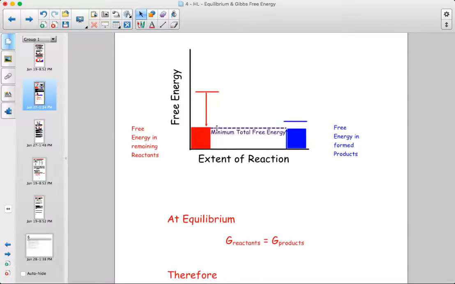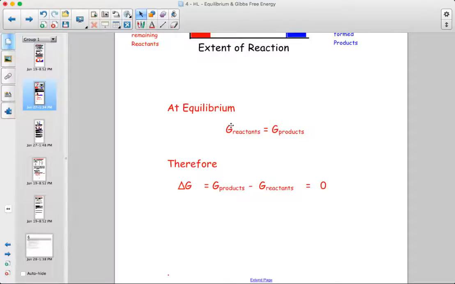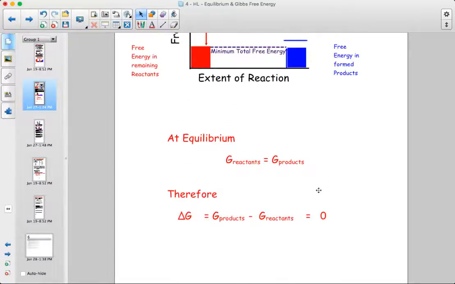It's going to find its lowest energy state, its most stable state, when there's some reactant and some product. And so at equilibrium, we can say that the total free energy of reactants equals the total free energy of the products. And therefore, at that point, the delta G is equal to 0. And it's not going to really net proceed or go back. And that's why it's equilibrium. Both rates are equal and opposite at that point, so there's no net change.